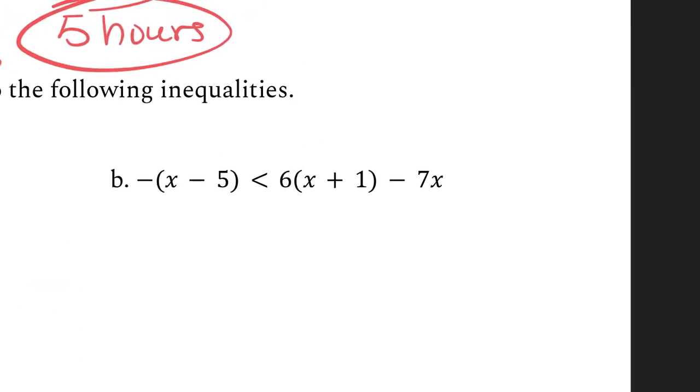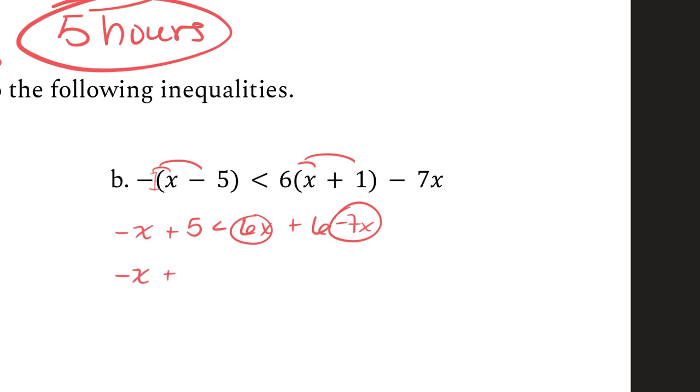All right, here, remember the trick. This is really just a negative 1. So let's distribute that out. We will get negative 1x or just negative x, plus 5. And that is going to be less than 6x plus 6 times 1 is 6 minus 7x. Now it looks like we have some terms to combine here.